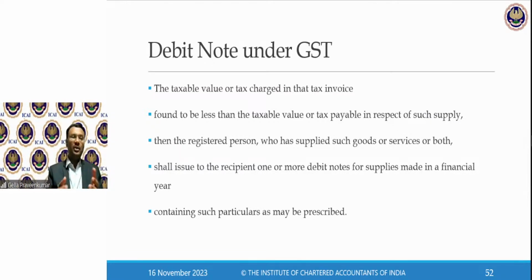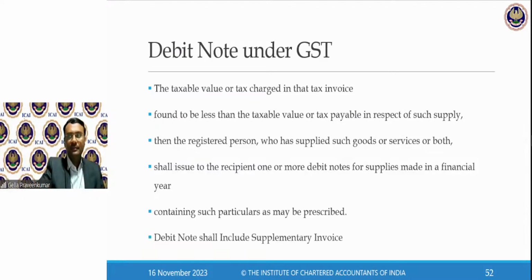In case of a debit note, I collect extra tax, I collect extra amount. Because government is getting money, they have not given any time limit. The other technical name for debit note is supplementary invoice.